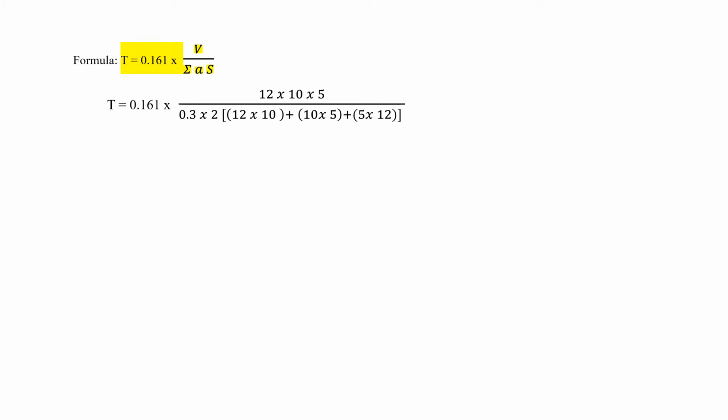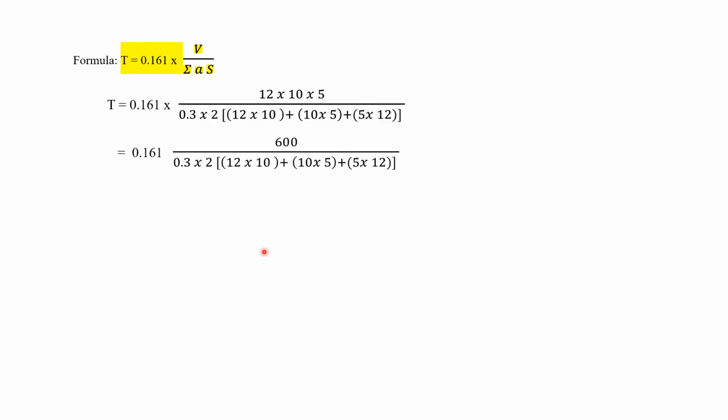So by taking the values into the formula, we'll get T is equal to 0.161 into 12 into 10 into 5 divided by 0.3 into 2 in bracket 12 length multiplied by breadth plus breadth multiplied by height plus height multiplied by length of the hall.